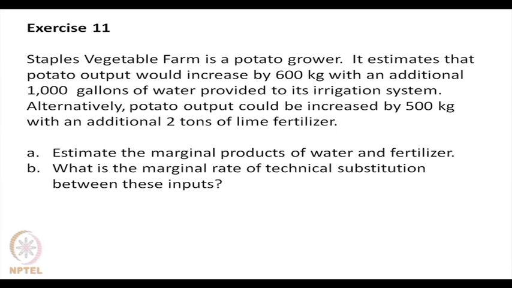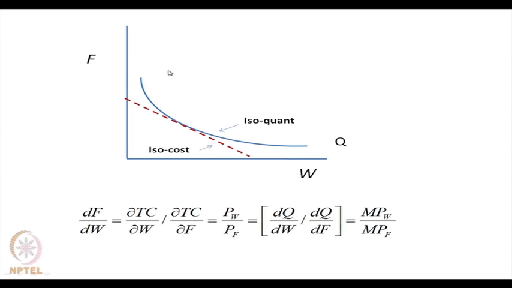This particular exercise and the next exercise would require recalling our knowledge about marginal product and marginal rate of technical substitution. Therefore, I give this diagram once again, which is relevant to this exercise.